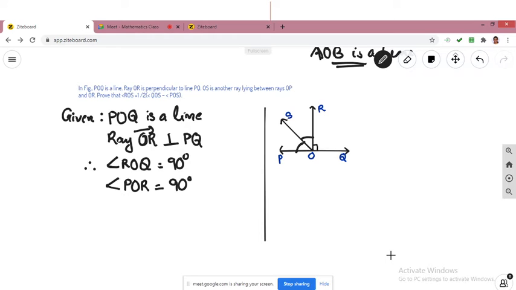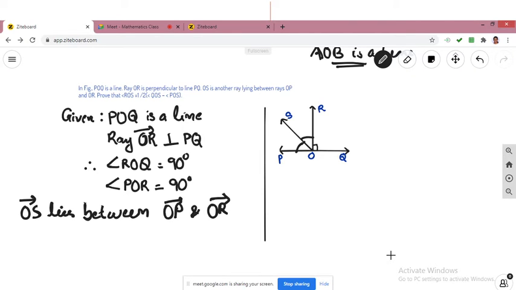What can you say about that? So ray OS is lying between rays OP and OR.